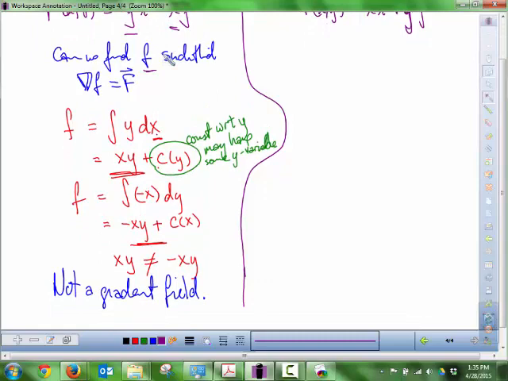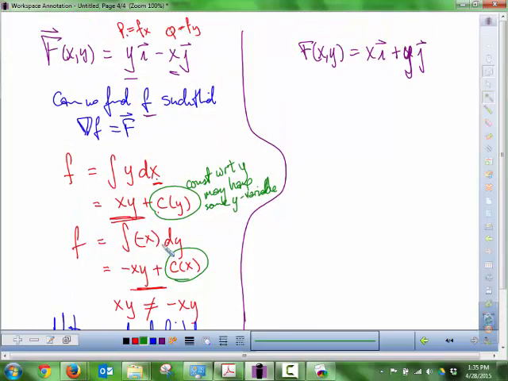Well, with the constants, if we need to wiggle some constants around, then we'll need to wiggle constants around. But in this case, the combination of x and y here says that one's negative and one's positive, so that can't ever happen. We'll see in the next example how those constants might play into this.